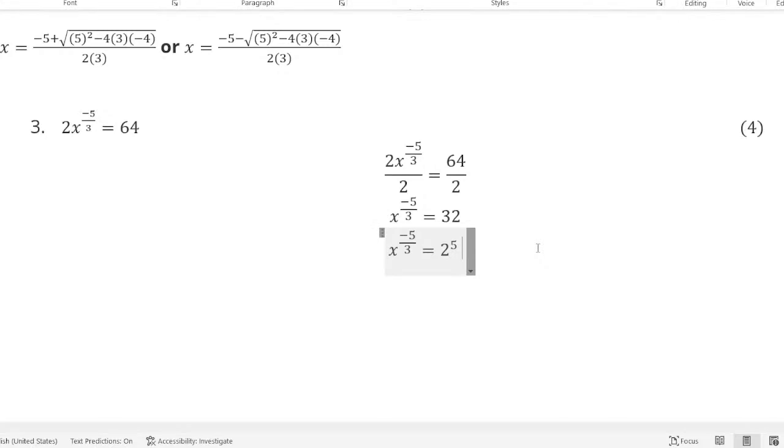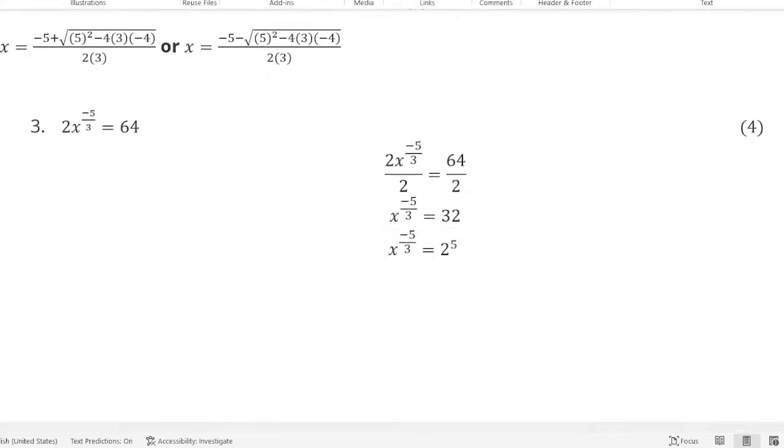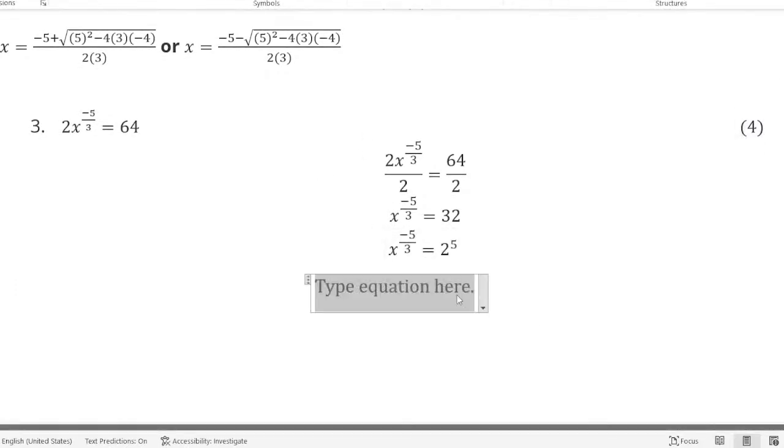So now everything is in exponential form. Now we have to remove the exponent, remember we're solving for x, so that on the left hand side you'll be left with x. So how can we remove the exponent, the negative 5 over 3?